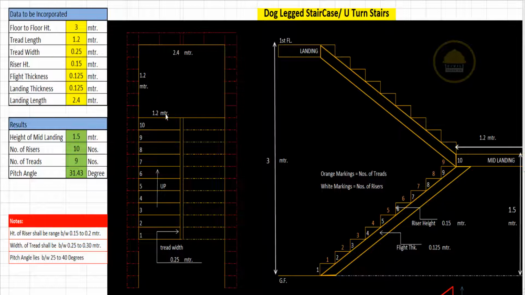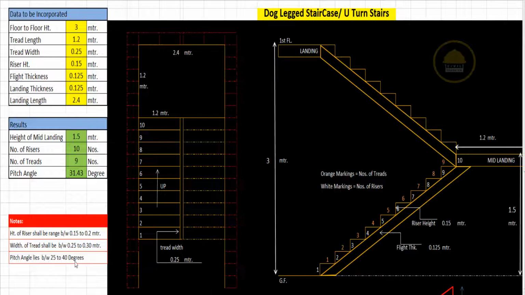As per our building drawing, we intend to find out the number of risers and number of steps required for a specific height of a building. Our main motive is to find out the height of the mid landing, the number of risers and number of treads, as well as the pitch angle, because this pitch angle must be within 25 to 40 degrees.